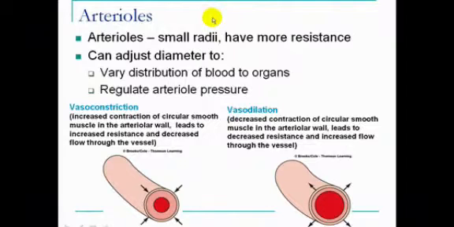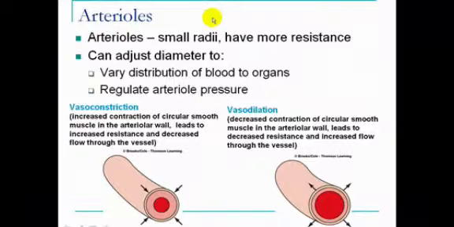And the reason they want to adjust their diameter is there's two reasons. One is they can vary the distribution of blood to various organs. So at some times, you want one organ to get more blood than other organs. You've heard me say, when we talked about the autonomic nervous system, you're going to shunt blood to the skeletal muscle. Well, that means those arterioles are going to dilate so that the skeletal muscle gets more of the cardiac output.